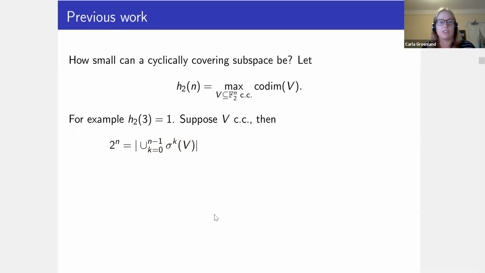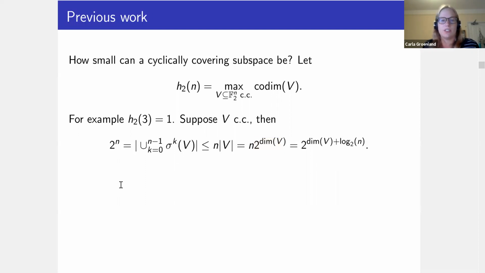Now worst case, each of these shifts is unique, each of them gives all new elements, and we have n of these shifts. So worst case, this is n times the size of phi. But we know that phi is a linear subspace in F2 to the n, so we actually know the number of elements. And now we can just bring this n upstairs as well.